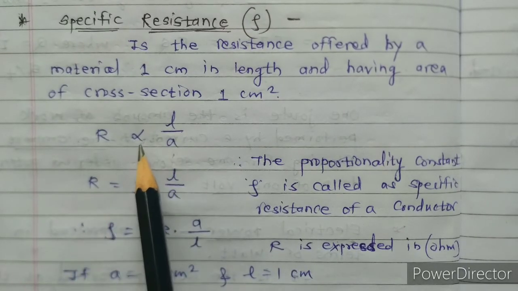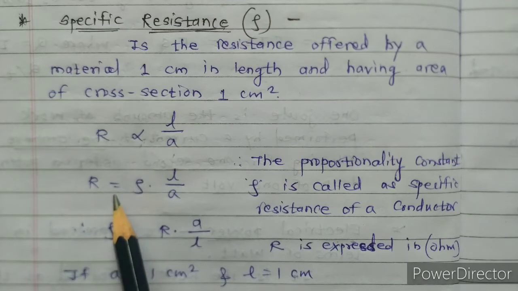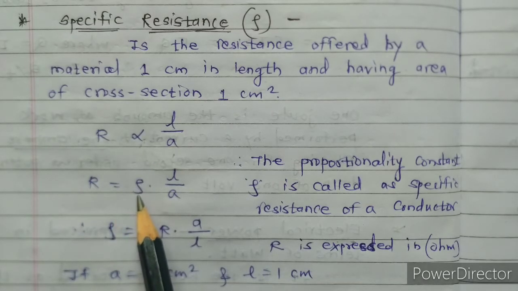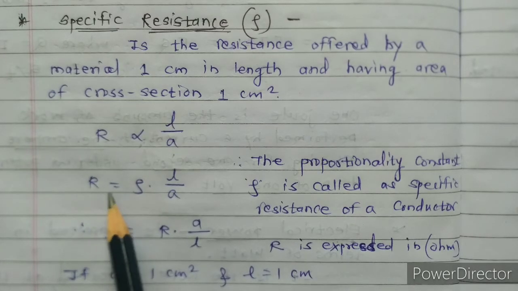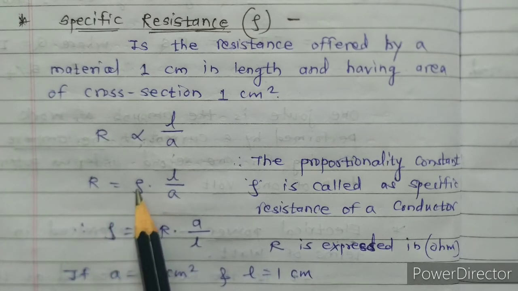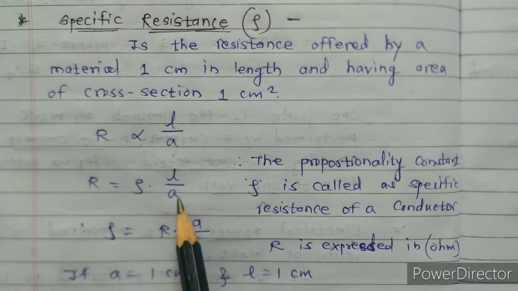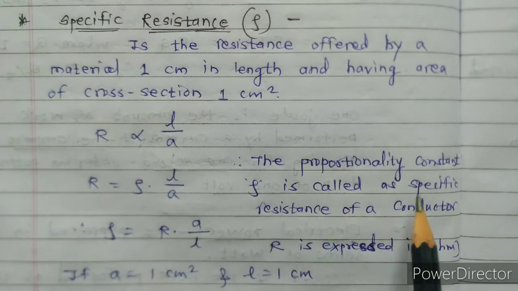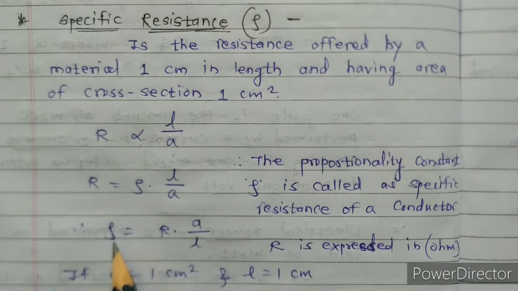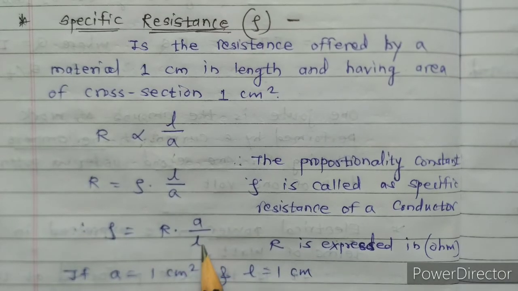Therefore, we can remove this proportionality sign by the symbol rho. Hence, we get R equal to rho into L upon A, where the proportionality constant rho is called the specific resistance of a conductor. Therefore, rho, the specific resistance, equals resistance R into A upon L.